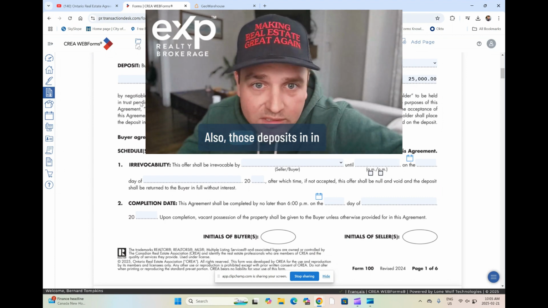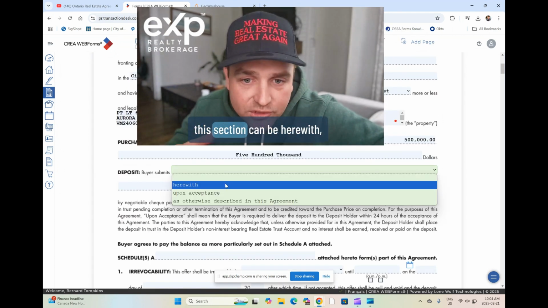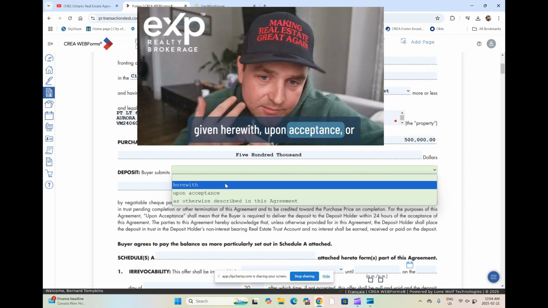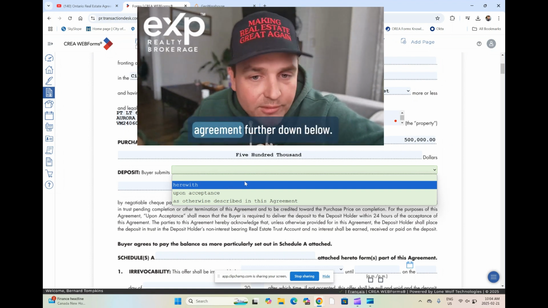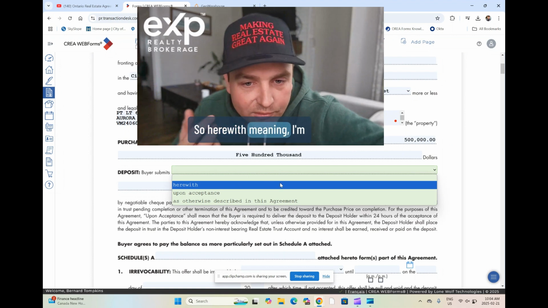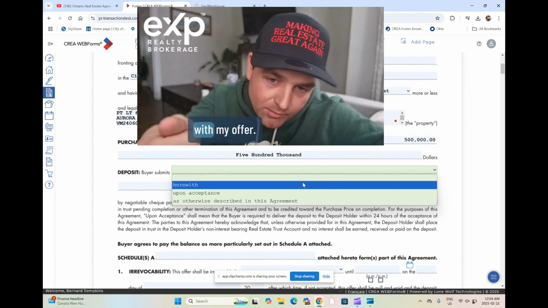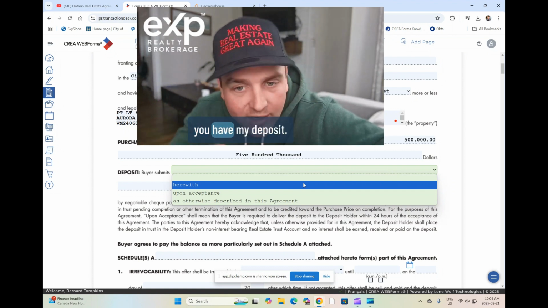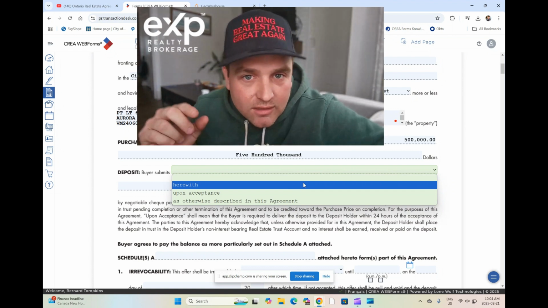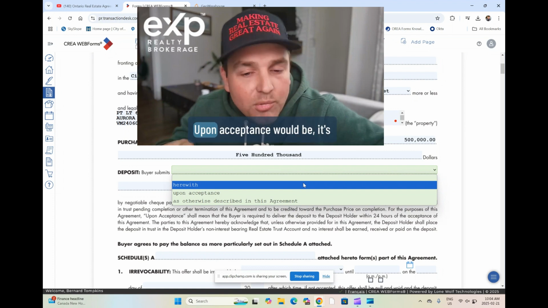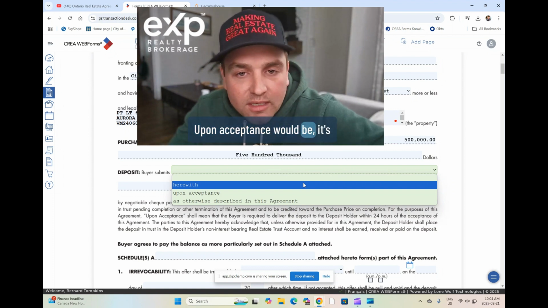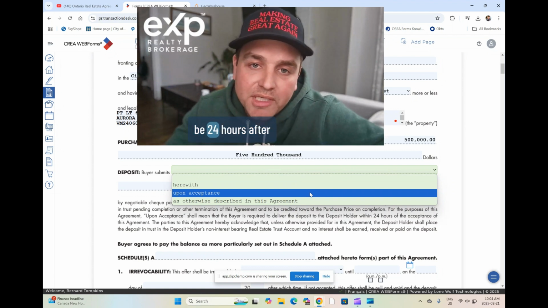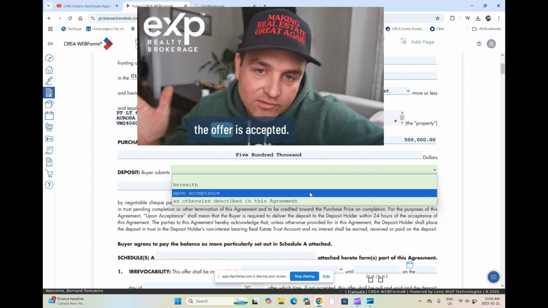Also, those deposits in this section can be given herewith, upon acceptance, or as written in the agreement further down below. So herewith meaning I'm giving you the deposit with my offer. So as soon as you accept that offer, you have my deposit. Upon acceptance is stated right below, but upon acceptance is known to be 24 hours after the offer is accepted.